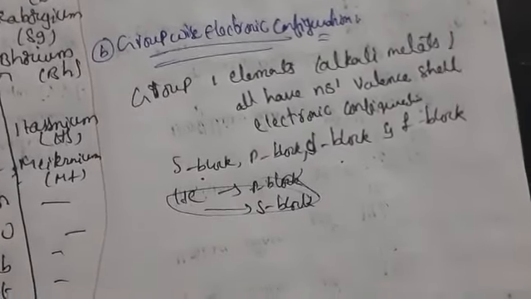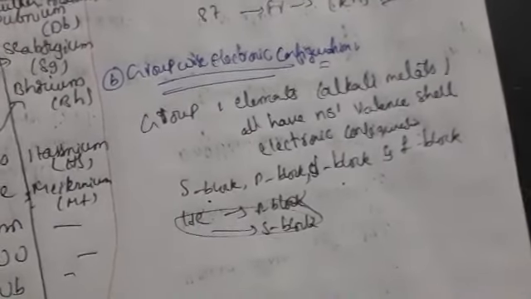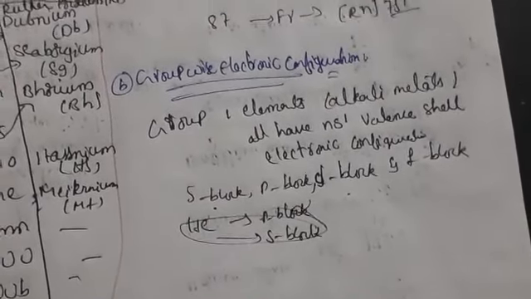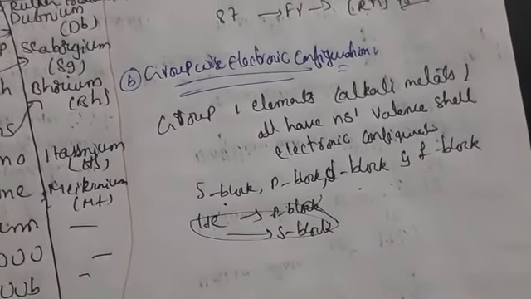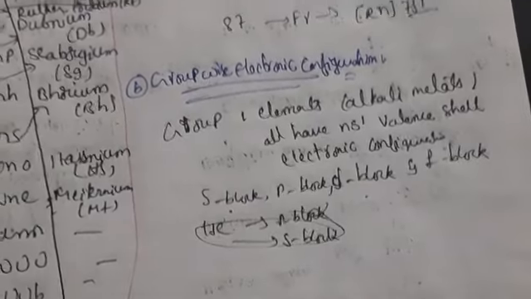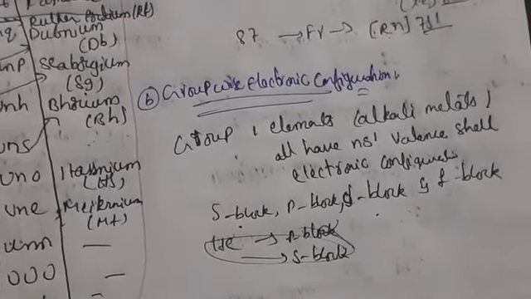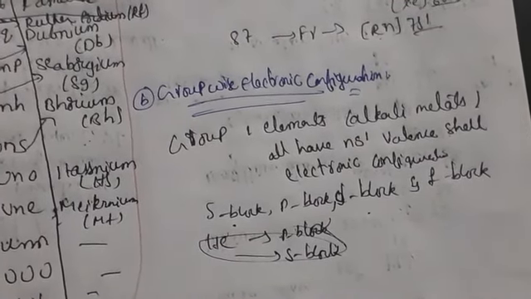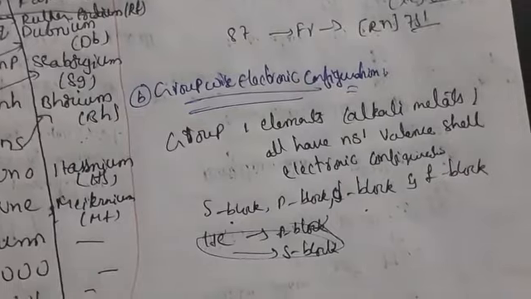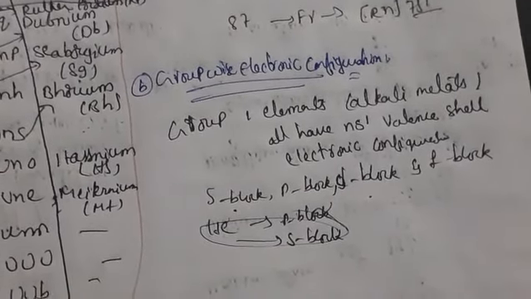Because helium has a completely filled valence shell, 1s2. It exhibits properties of noble gas elements: helium, neon, argon, krypton, xenon, radon. Similar properties are exhibited, so we have arranged it with the noble gases, which is similar to group 17 elements, we can say. Why it is a special case, we can say here.